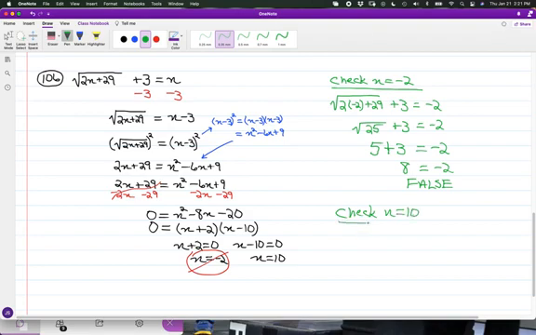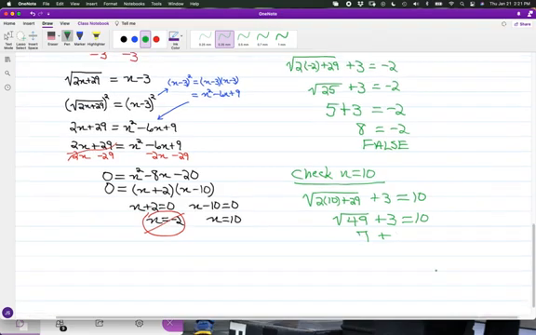And for n equal to 10, you have the square root of 2 times 10 plus 29, followed by the addition of 3, is equal to 10. You get 2 times 10 is 20 plus 29, which is the square root of 49. Again, the square root of 49 is 7 and only 7.